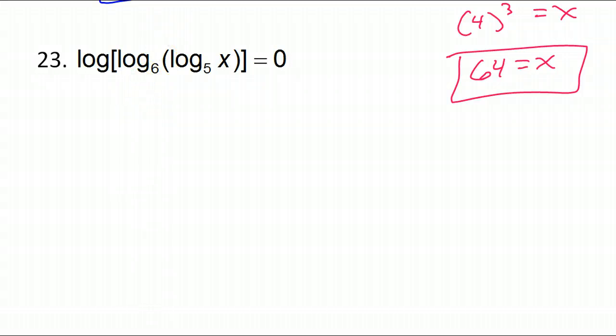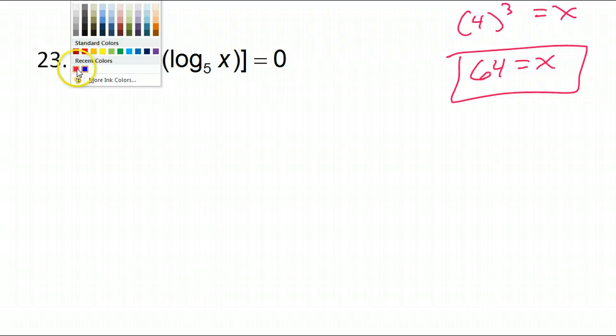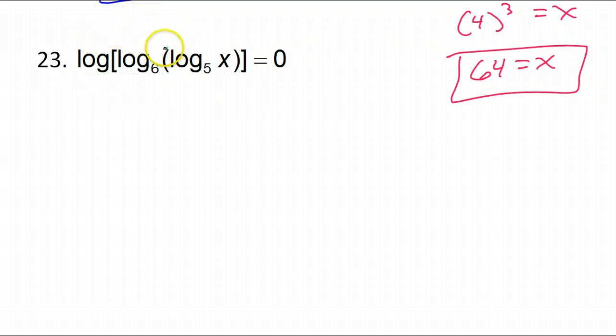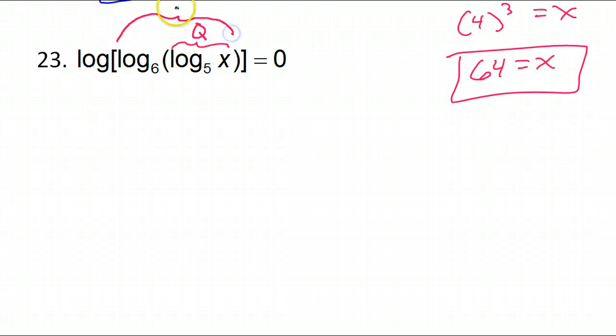So, here's the strategy. I'm going to break this down into pieces. So this part in here, I'm going to call that Q. Now this entire expression in here, I'm going to call that P. I don't care what you call them, but this helps me.